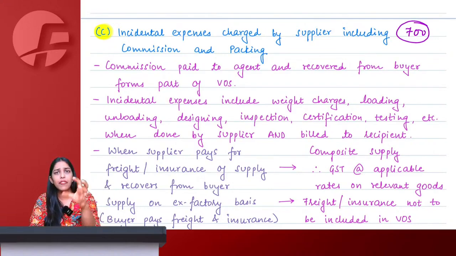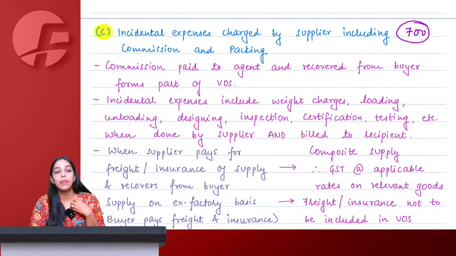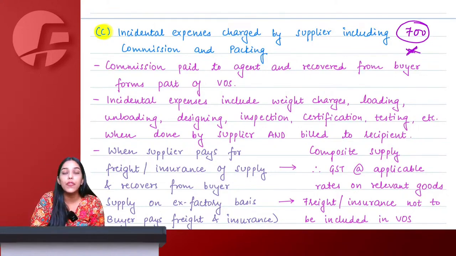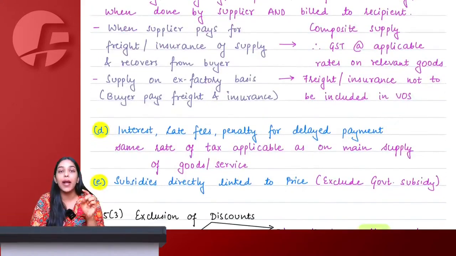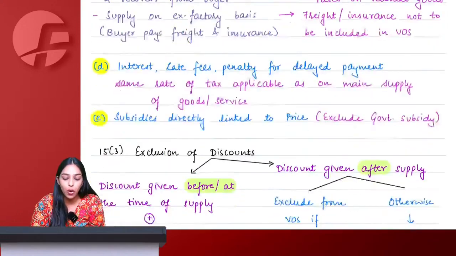After I collect 700 from you, while dispatching the books, I incur packing charges, courier charges, etc. I as a supplier am incurring those charges, but I am not separately recovering that amount from you. Therefore it will not be added in the value of supply. So the supplier has to actually incur this expense and also recover it from the recipient.